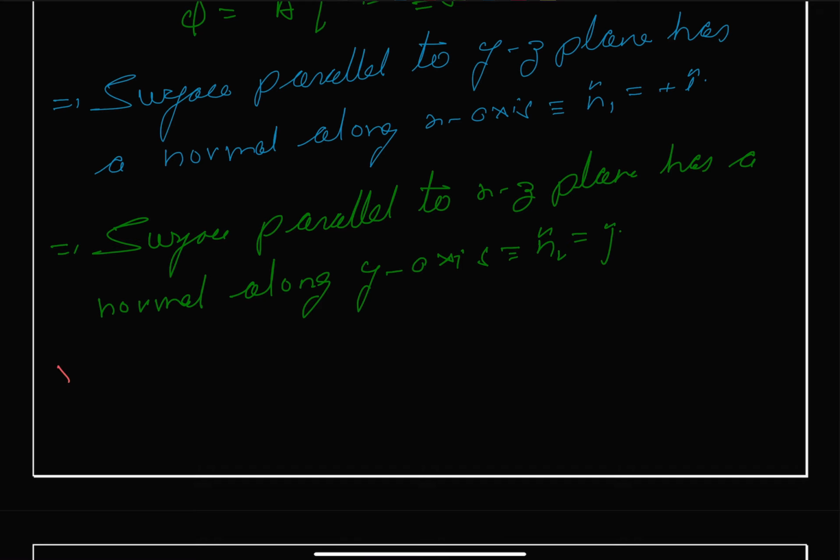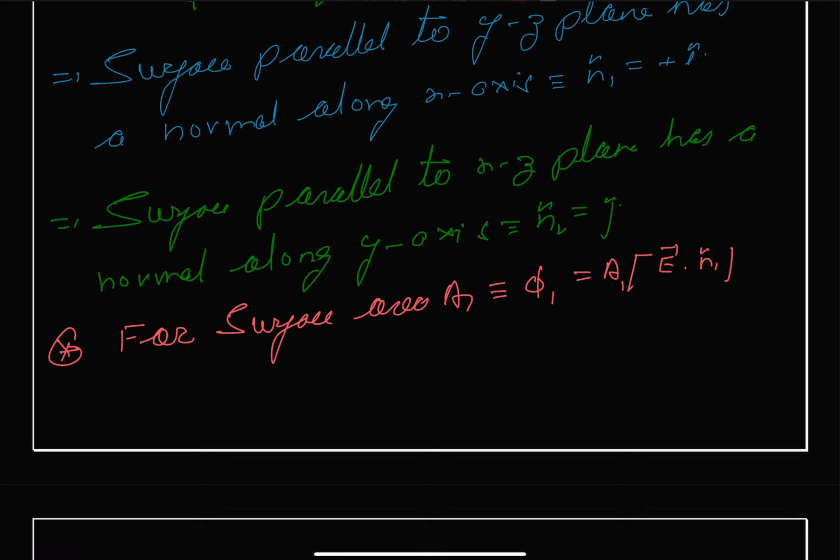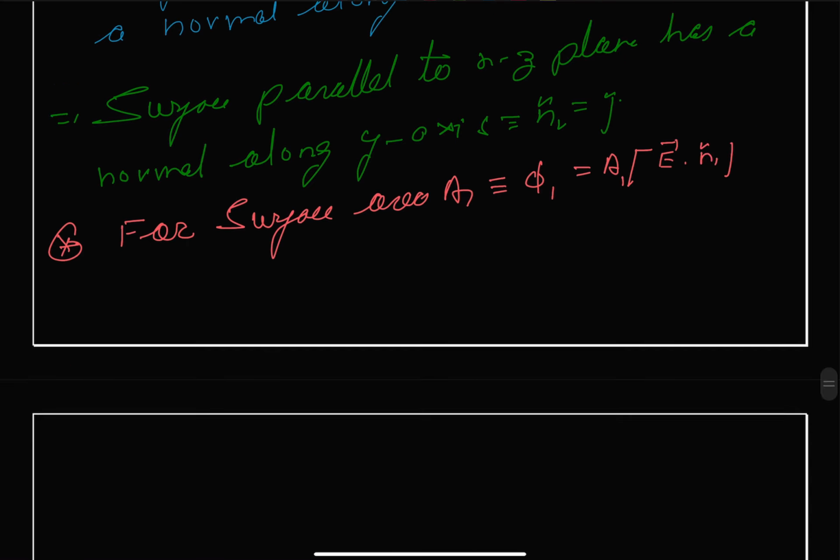For surface area A1, the flux, let us suppose phi 1, will be equal to area times E dot n1 unit vector. Area is A1, and we substitute the value.